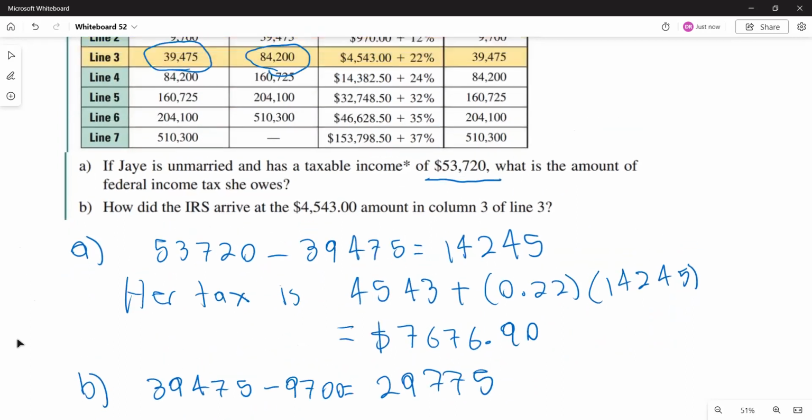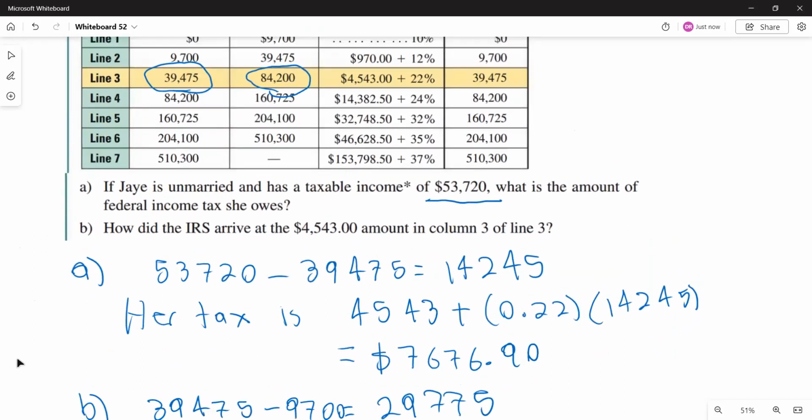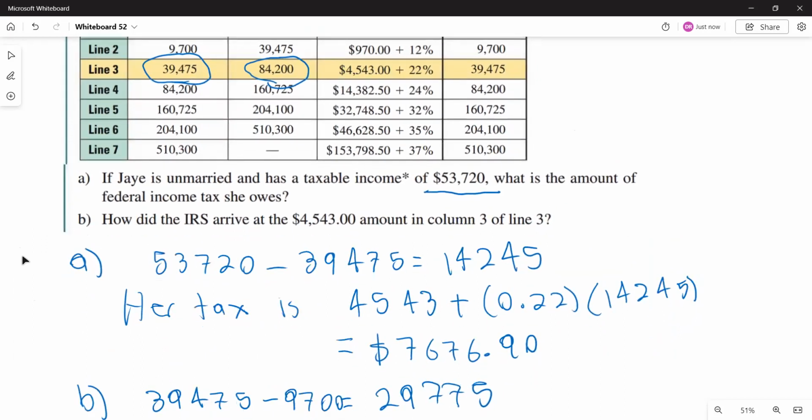And this is where the amount comes from: 970 plus 12% of that.